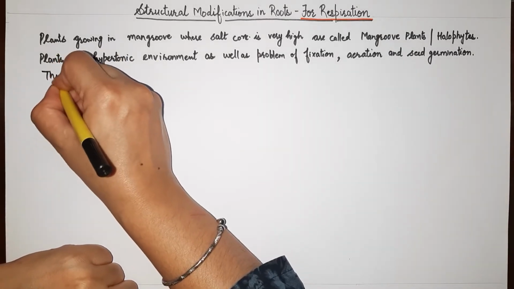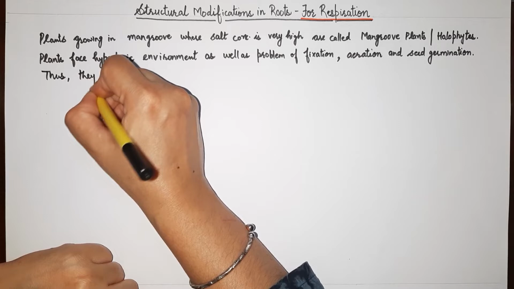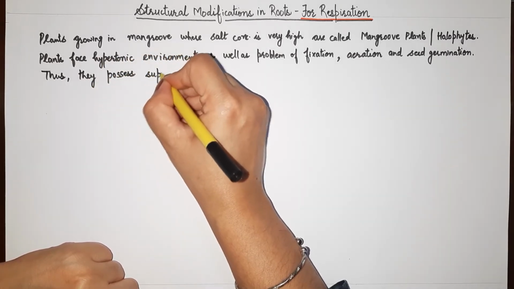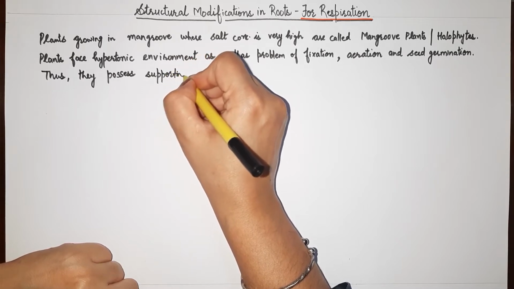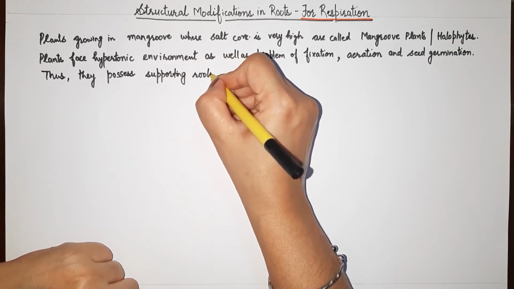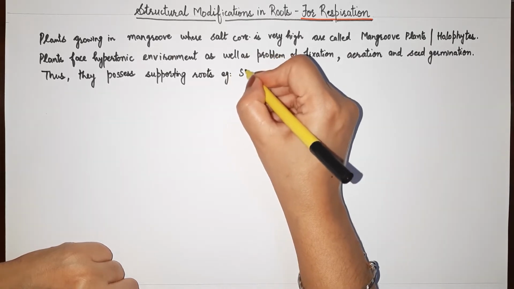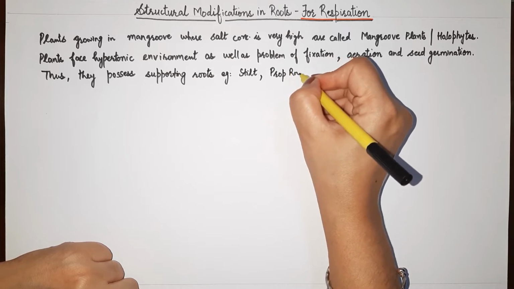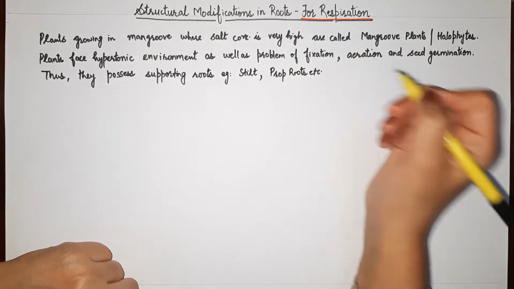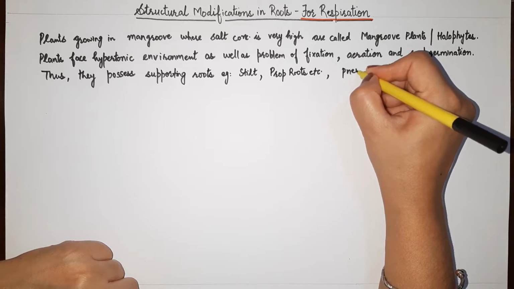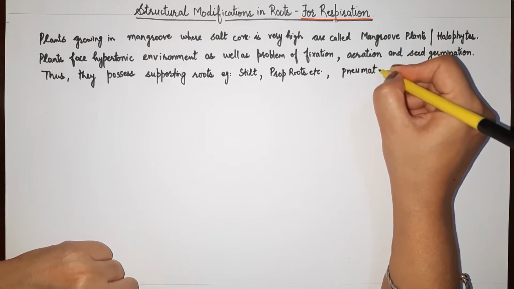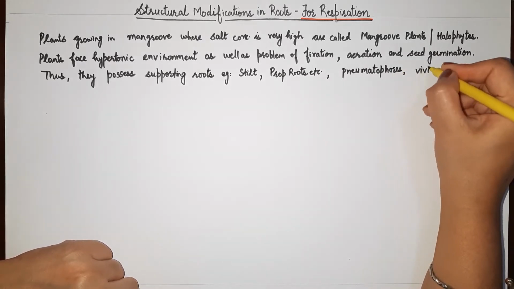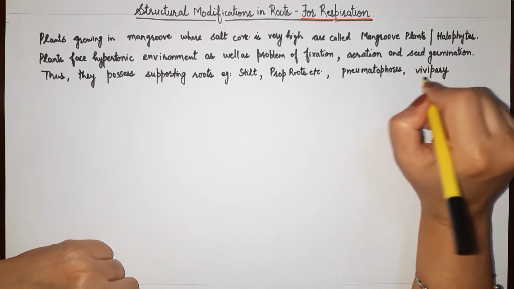So thus they possess supporting roots like stilt roots, prop roots, etc. Pneumatophores. Pneumatophores are for aeration. Vivipary. Vivipary is for seed germination.